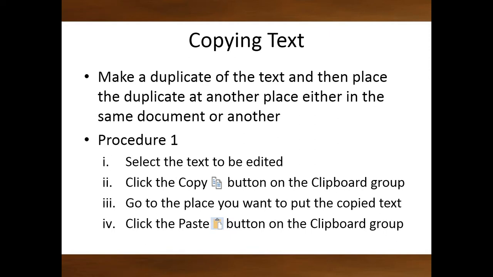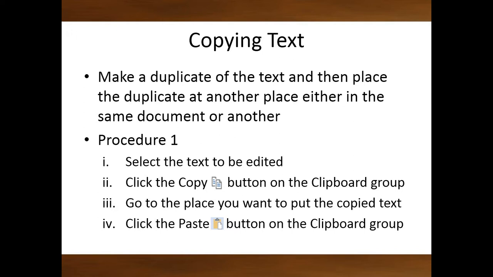In other words, when we copy text, we make a replica, which means the original text is still there. We place that replica at a place that we want, either within the document or in another document.